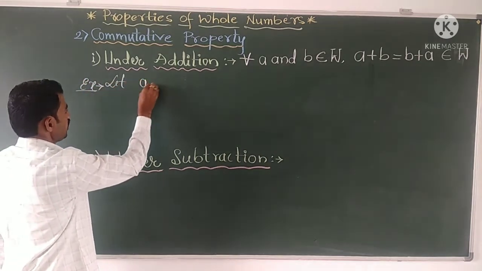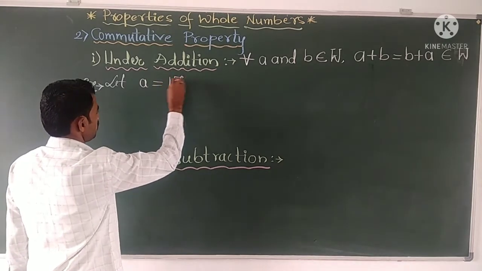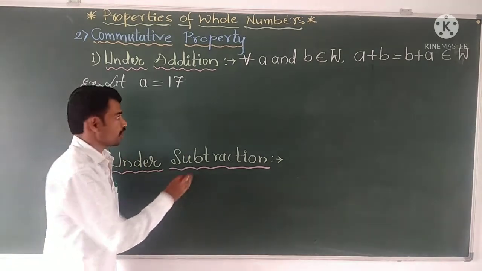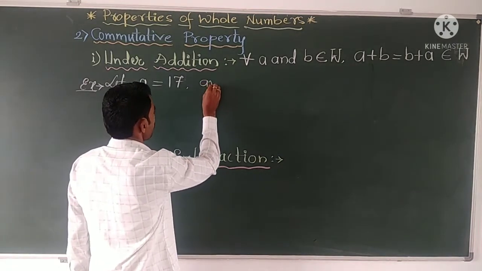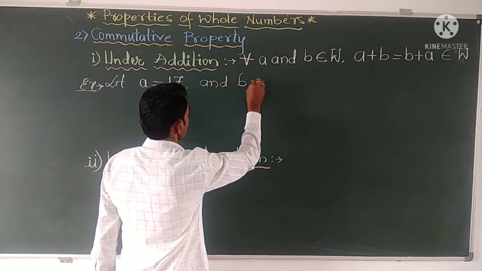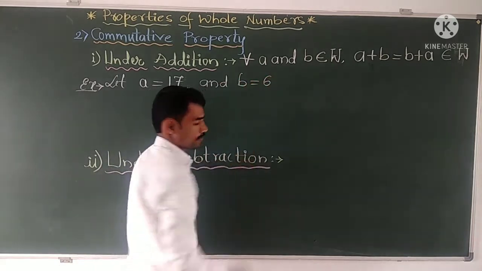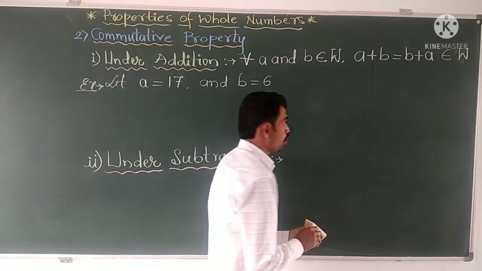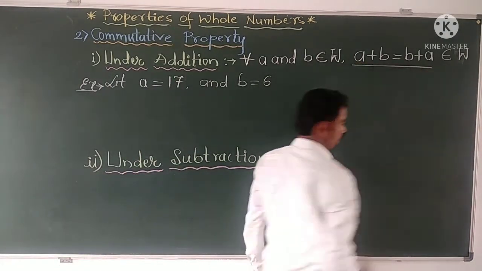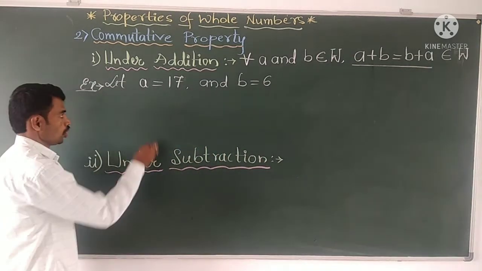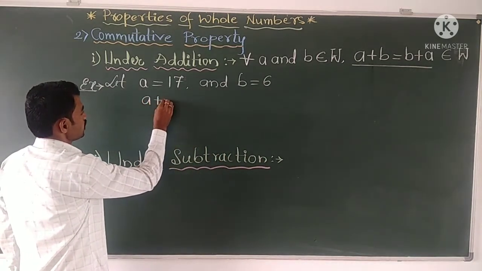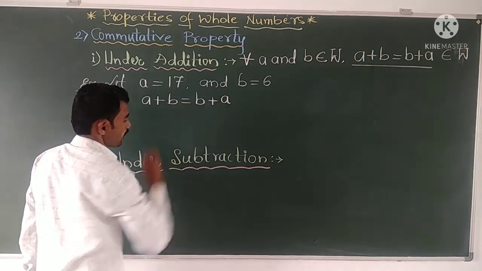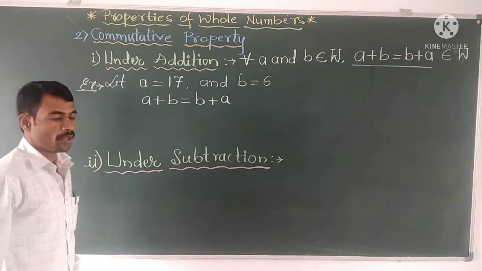Let a equal 17. a is one of the whole numbers. Next, b equals 6. b is 6. Then what do we have to do? We have to follow the commutative property rule, that is a plus b equals b plus a.